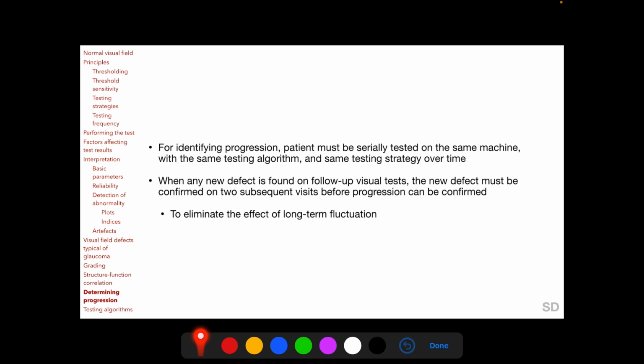And when any new visual field defect is found on follow-up visual field testing, the new defect must be confirmed on 2 subsequent visual field tests before progression is diagnosed, and this is to eliminate the effect of normal variations or long-term fluctuations occurring between the tests.